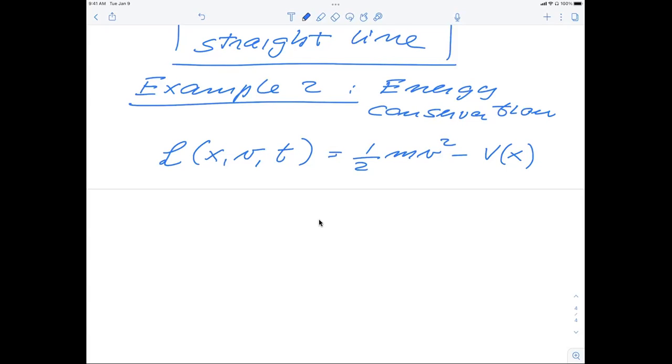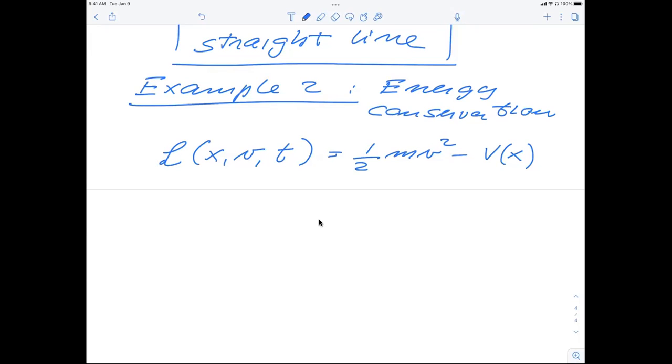But if you're thinking of the motion of an object in a gravitational field or a Coulomb field or something like that, that is a potential which depends only on the spatial degrees of freedom. But keep in mind that you can encounter potentials which can depend on velocity and on time as well. So we can have a time-dependent potential which acts on the system in only a specific amount of time.